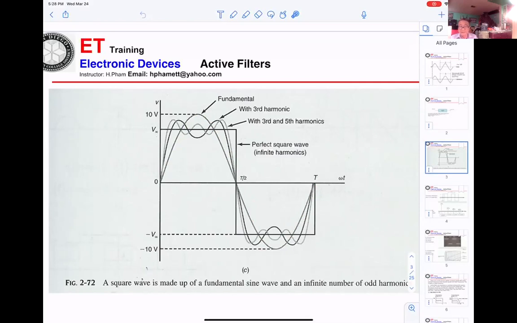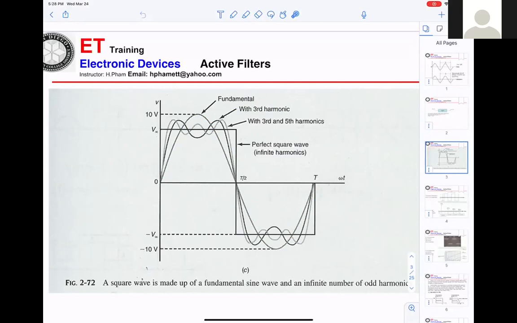Let me give you an example. Fundamental is 1 kilohertz, and odd harmonic, that means the third harmonic here. Then what is the frequency of the third harmonic? 3 kilohertz.